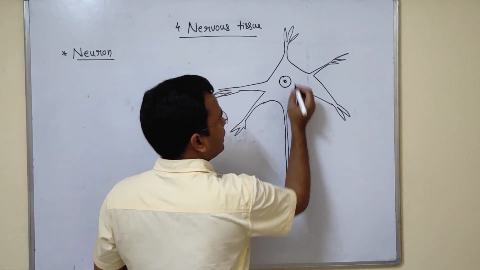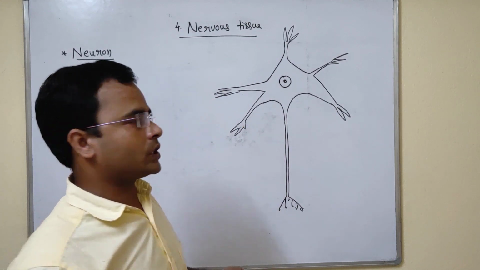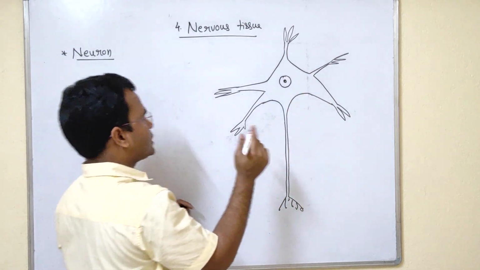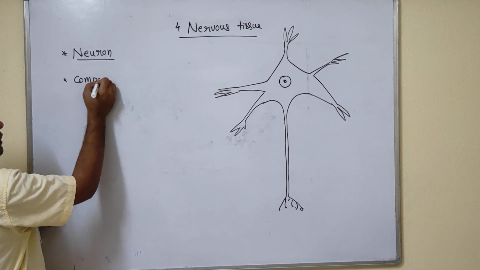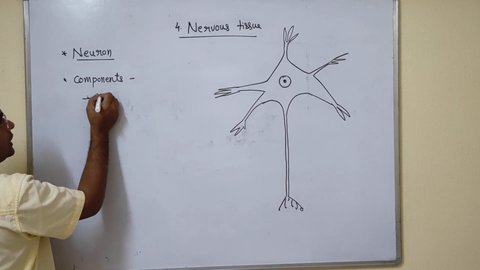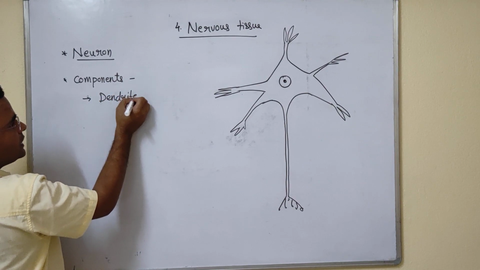So now coming to the structure of the neuron, then I'll get back to the function. It's a tree-like structure. The components of the neuron are, first one is the dendrite, D-R-I-T-E, dendrite.